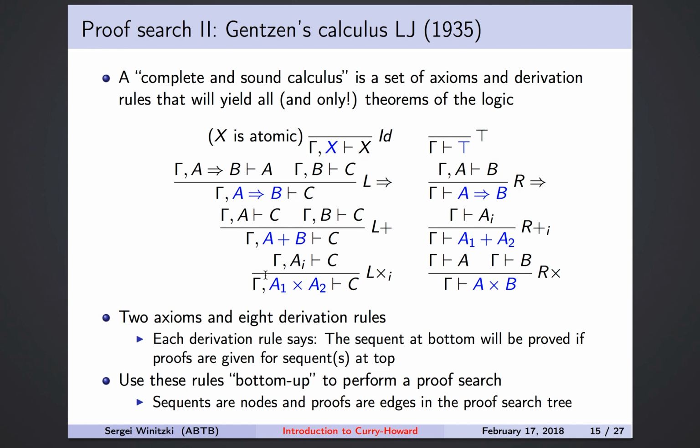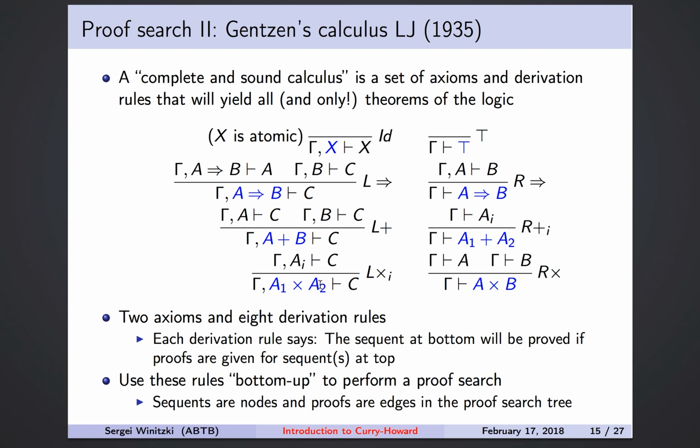So here's an example. This rule is actually two rules. The i is the index, so i is 1 or 2. There are two rules, just written for brevity like this, with index i. And each of them says, you will prove this if you prove this.